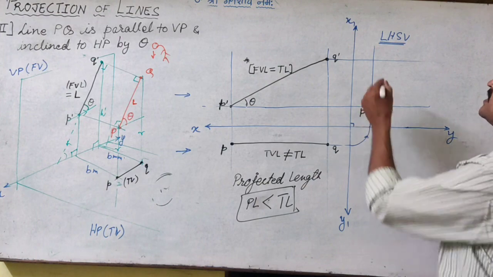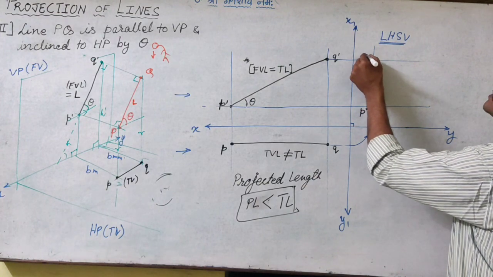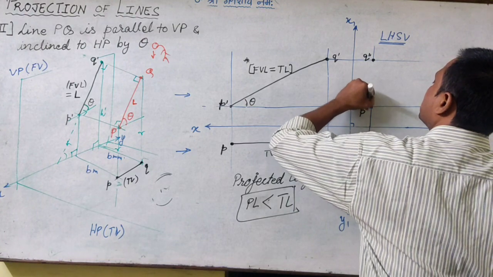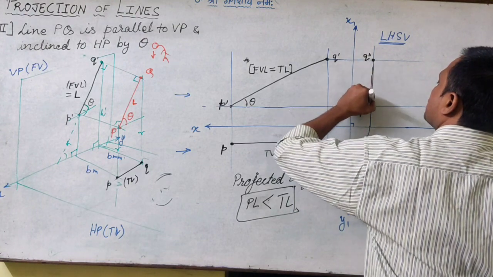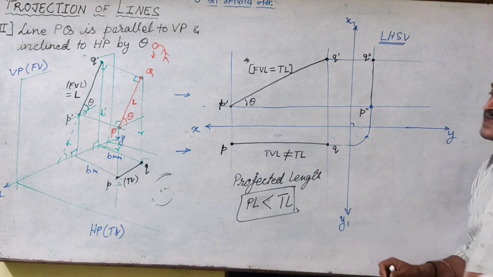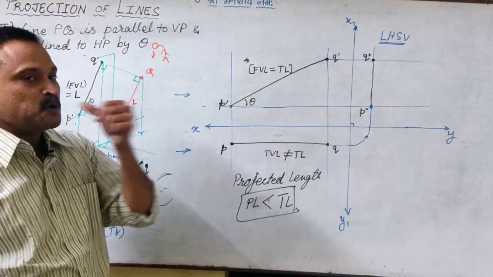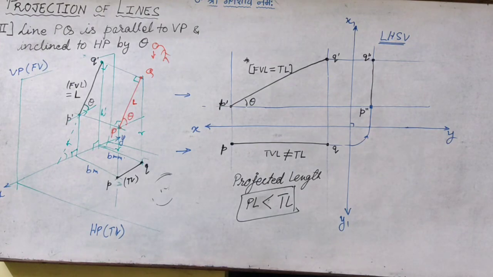Again, this is the height of Q. So this is Q double dash. So P double dash, Q double dash will be the left hand profile view or the left hand side view of the line in the given condition.